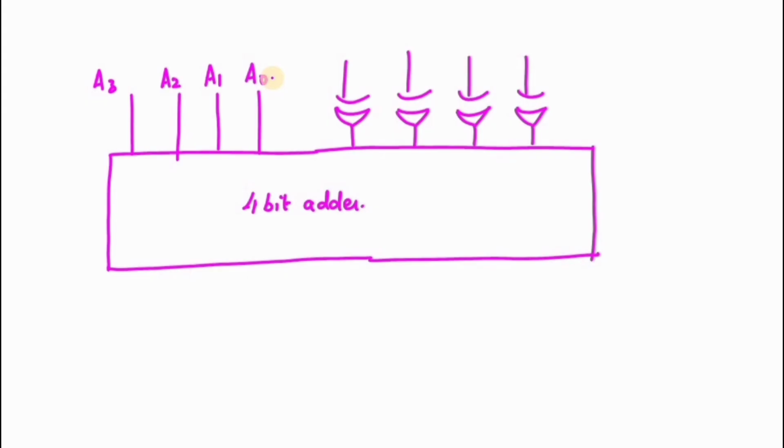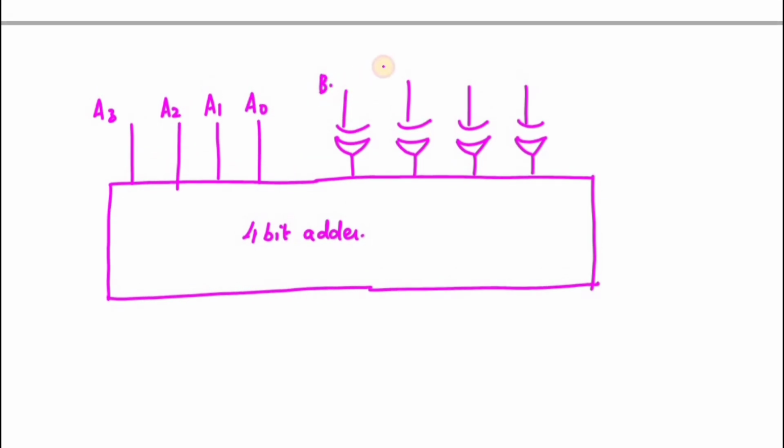There is no change with A3, A2, A1, and A0 from the previous problem. In the B3, B2, B1, and B0 inputs, I have included an XOR gate. What is the purpose of this XOR gate? If the other input to the XOR gate is 0, this is nothing but B naught XOR with 0.